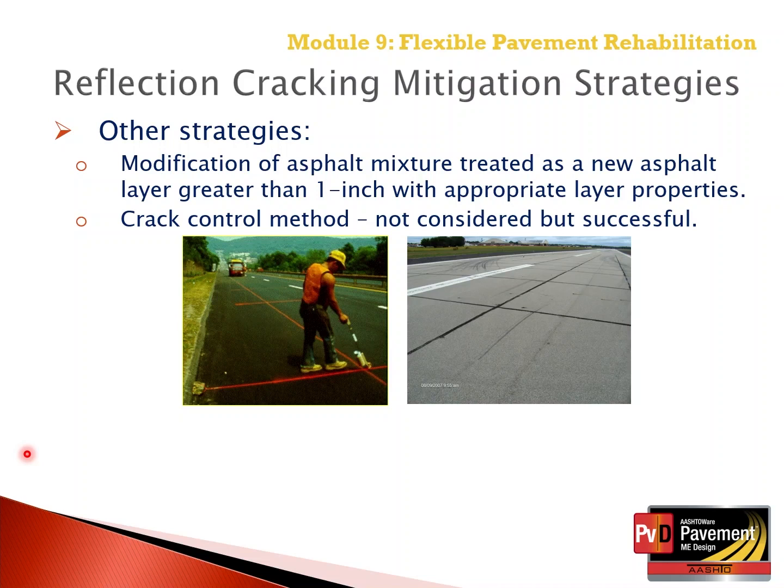This strategy has been found to be effective in mitigating, or in the performance of, the asphalt overlay, because reflection cracks will not occur if the asphalt overlay is sawed and sealed in the correct location above the joints in the concrete pavement.